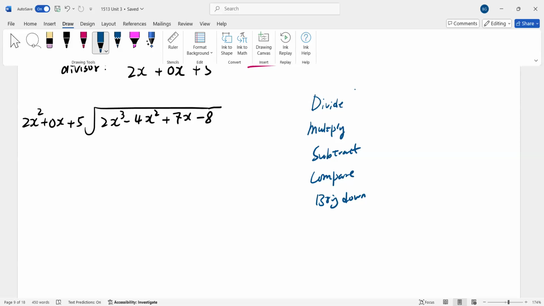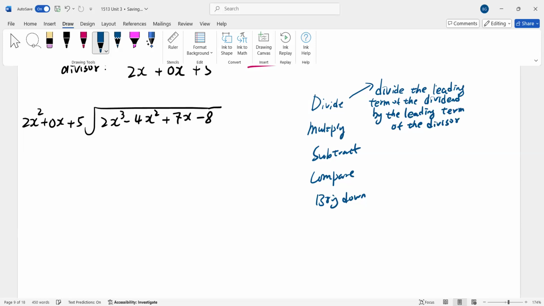Divide here is divide the leading term. If you haven't learned this method or you didn't learn it well before, you need to take a note. Divide the leading term of the dividend by the leading term of the divisor.